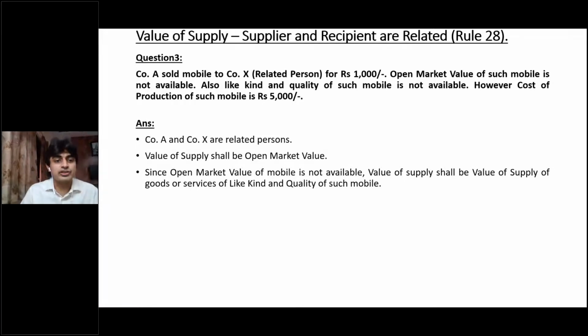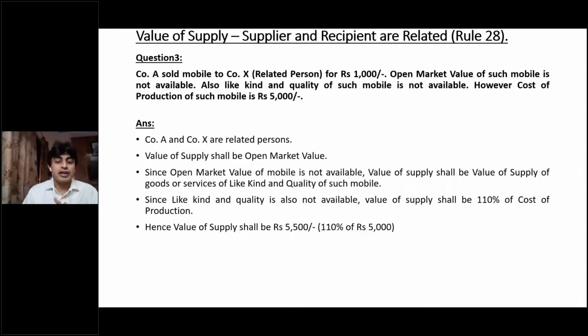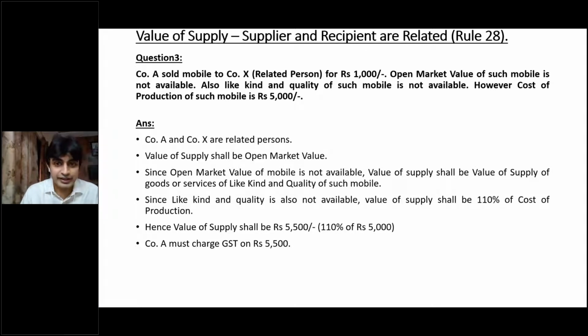No. So what is the third step? Cost of production plus 10%, or I can say 110% of the cost of production. Okay, cost plus 10% or 110% of the cost of production. Hence value of supply shall be what? 5,500. I will have to charge GST on 5,500.